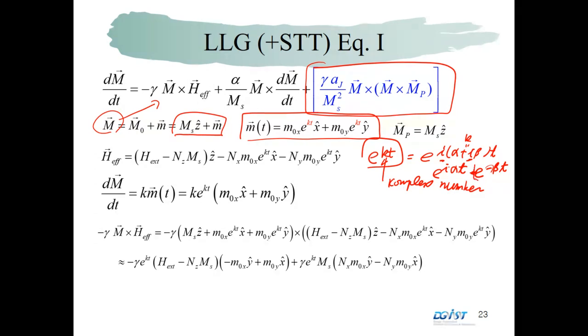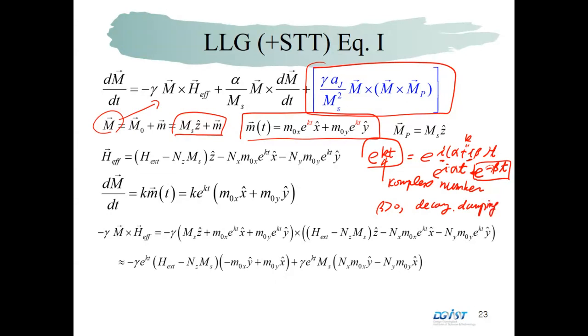This term gives us exponential decay or exponential growth, depending on the sign of beta. So if beta is positive, then the solution gives us decay or damping.